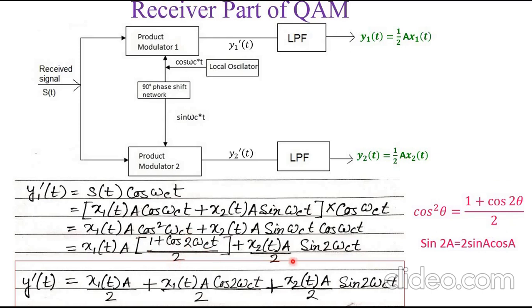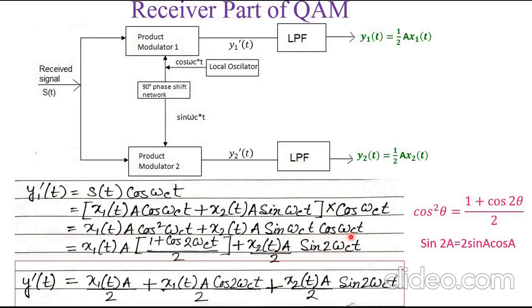And here sin omega_c t and cos omega_c t are present. We know the formula of sin 2a: sin 2a equals 2 sin a cos a. So here sin a cos a is present, meaning sin omega_c t and cos omega_c t.